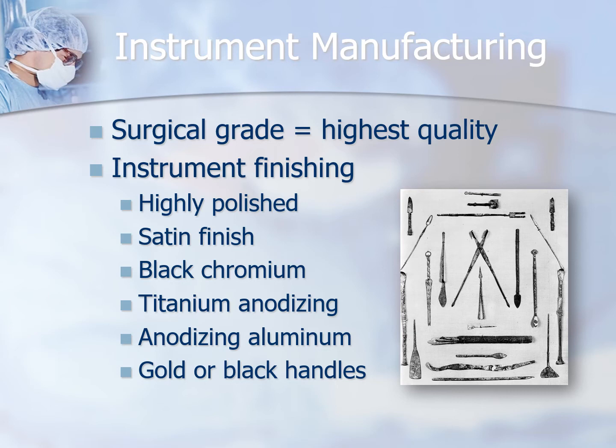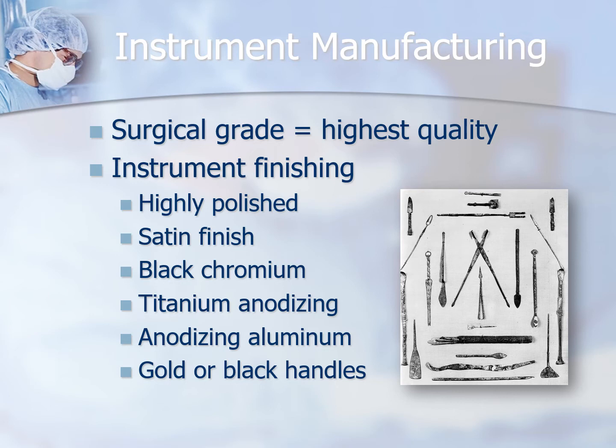Another type is the titanium anodizing, and that's where parts of the surfaces are titanium and other parts are not. A good example of this is different orthopedic implants. So I have some pictures of these coming up on the next slide. So for my visual learners out there, stand by, and my auditory ones, tune in, okay?